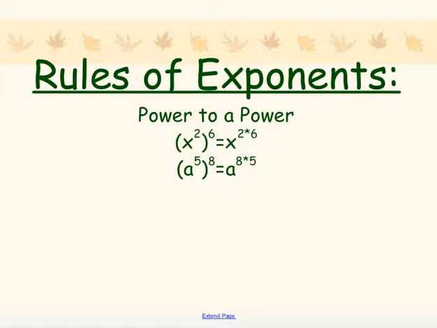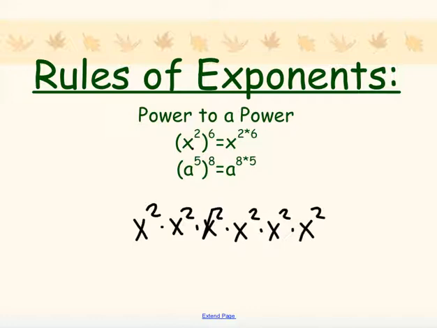Our last rule is with a power to a power. What we're saying is we have something like this, x squared, and then we are saying I want 6 of those multiplied together. So x squared to the 6th power, which would be something like x squared times x squared, all of these x squareds. Well, if you saw it like this, we're multiplying, so we would just add the exponents.